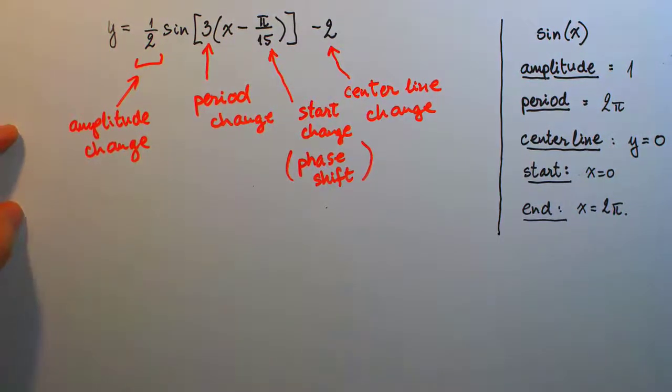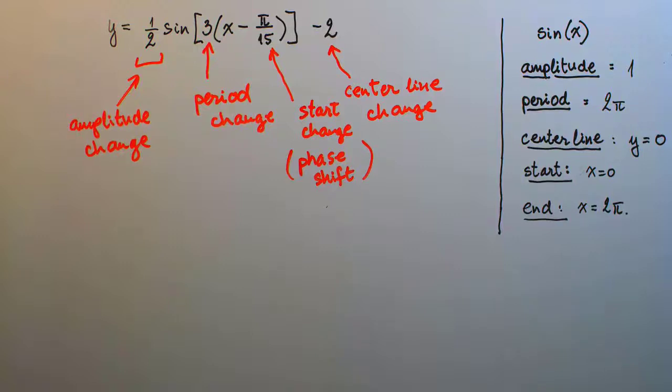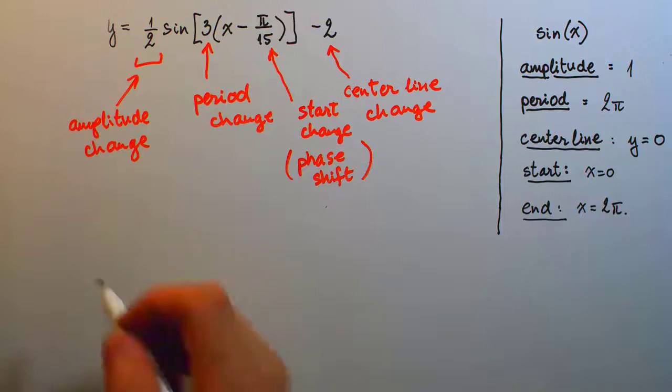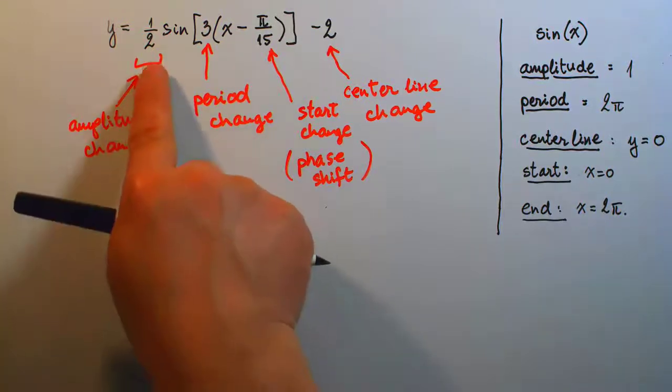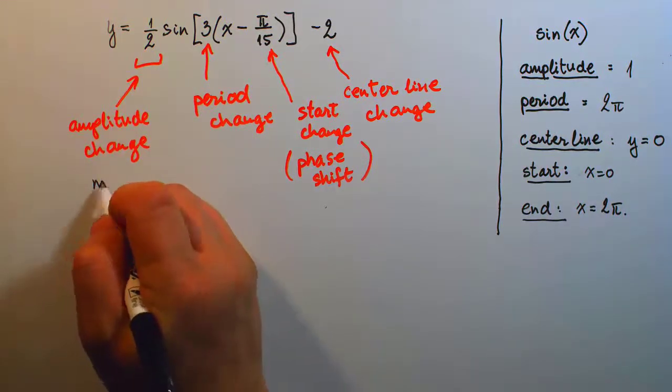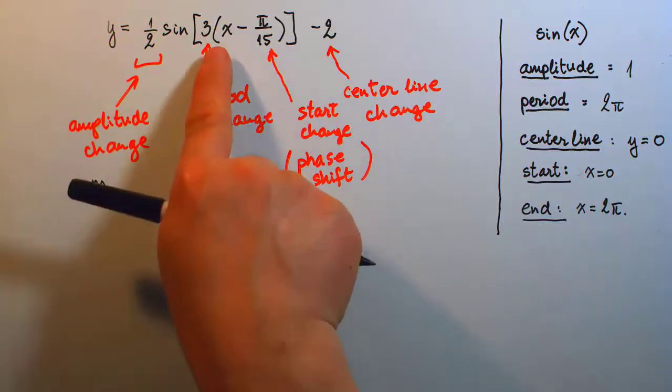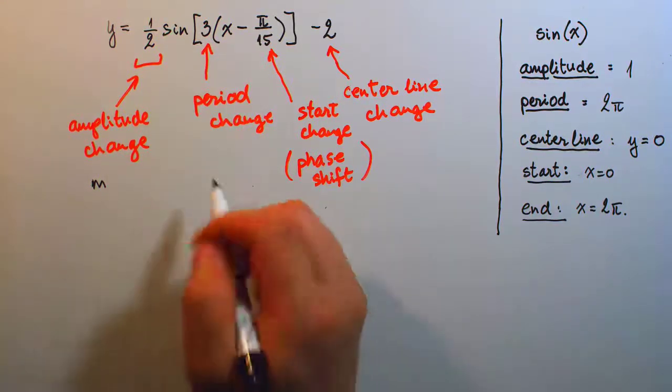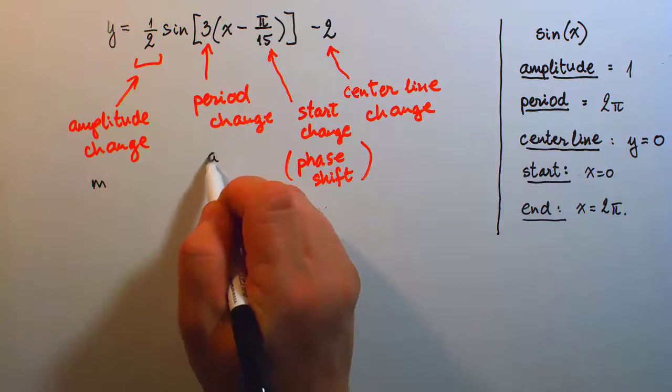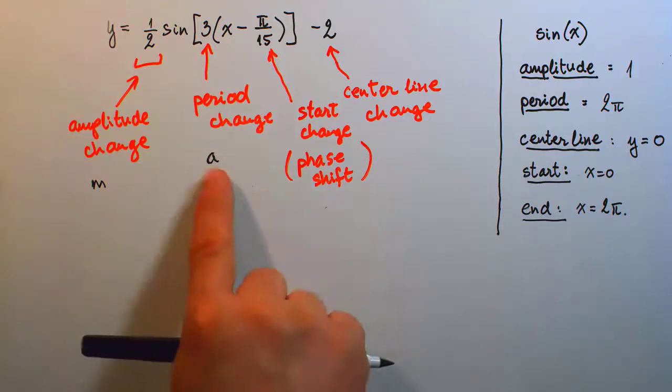To make a connection with our lectures on all the elementary transformations, this 1/2 is known as the m of our function. This value 3 that's responsible for the period change is our a value, already put as a positive a.